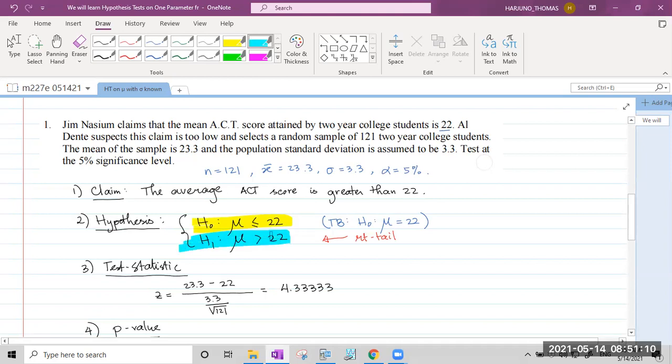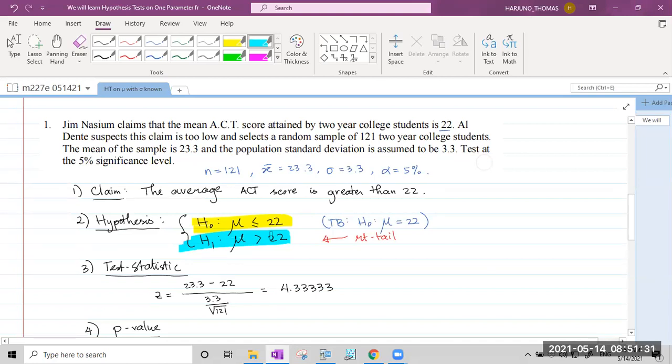Okay, just to remind you why. For you to say that the mean is greater than 22, you need to come up with an evidence that is significantly greater than 22. Okay, not 22.1 maybe, especially with the sample of 121, 22.1, that's just a small difference.